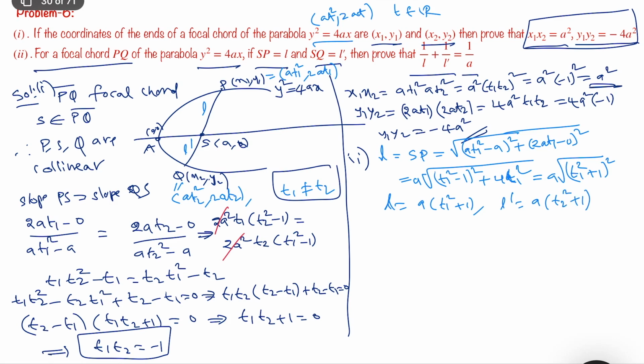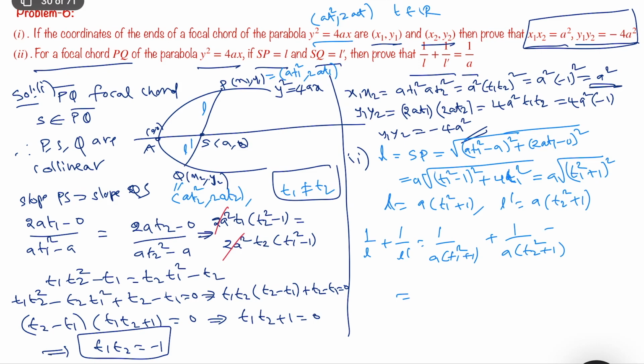Now we want to show 1 by L plus 1 by L dash equal to 1 by a. Let me start with 1 by L plus 1 by L dash. So what is 1 by L? 1 by a t1 square plus 1, plus 1 by L dash is 1 by a t2 square plus 1.